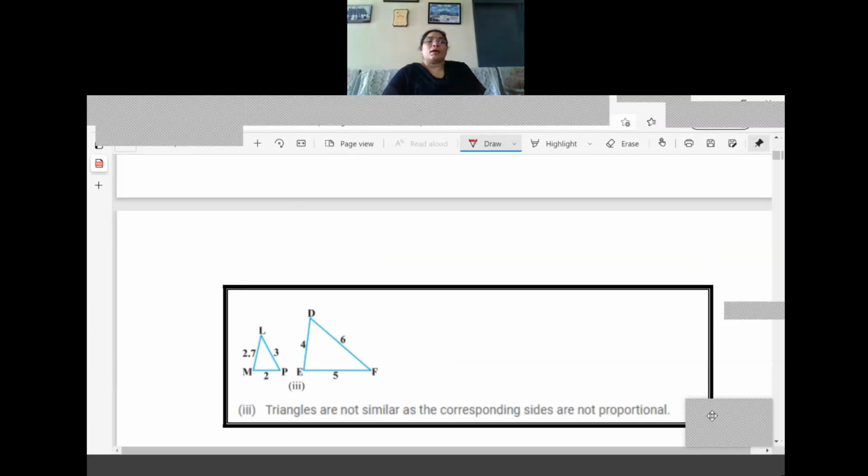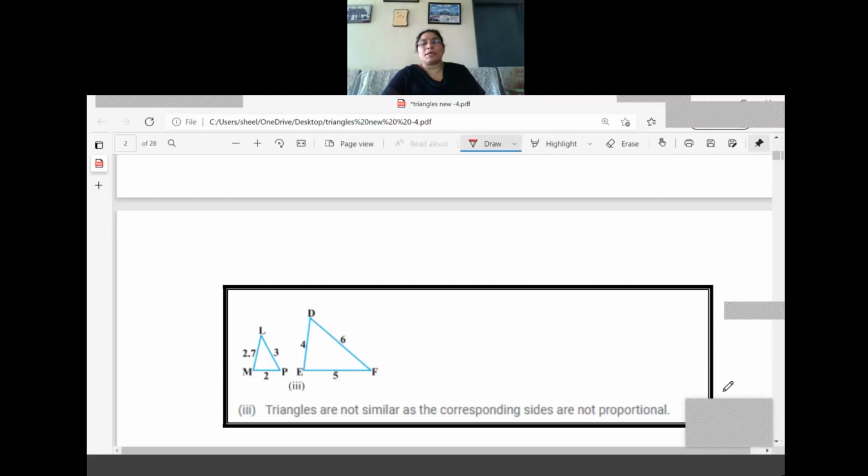Third question. LM equal to 2.7, MP equal to 2, LP equal to 3, DE equal to 4, EF equal to 5, DF equal to 6. Here you can answer directly, but let us check whether the same ratios are possible. 3 and 6 give 1 by 2 for LP and DF.